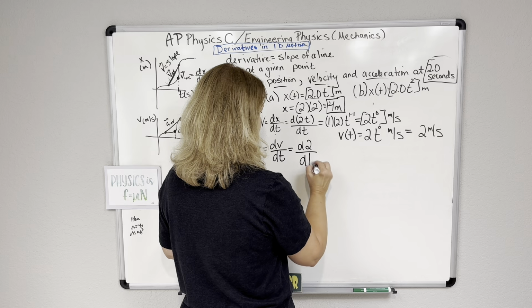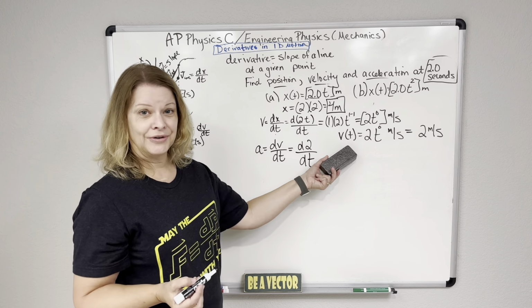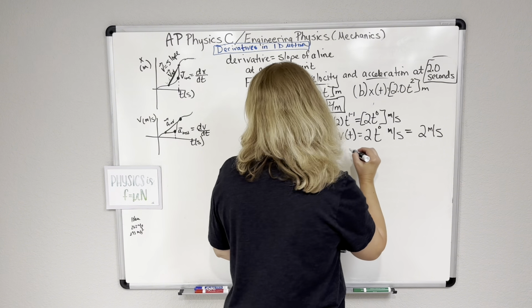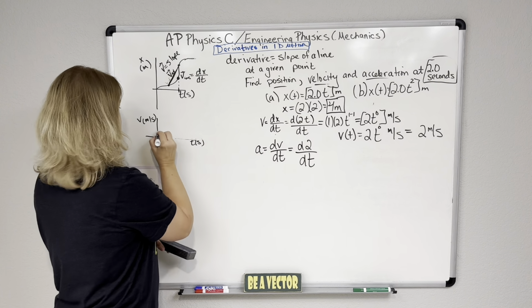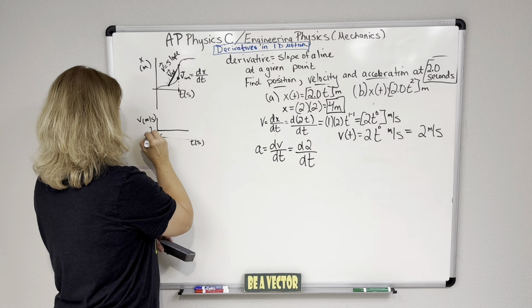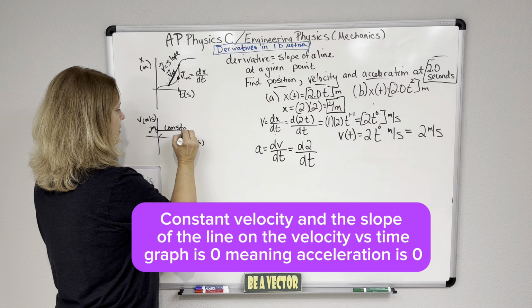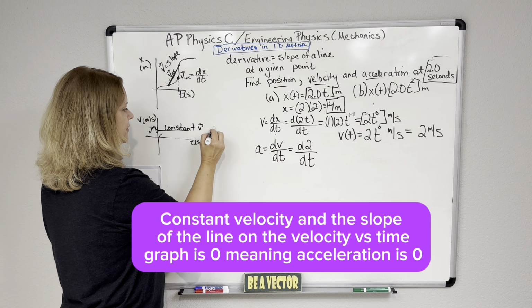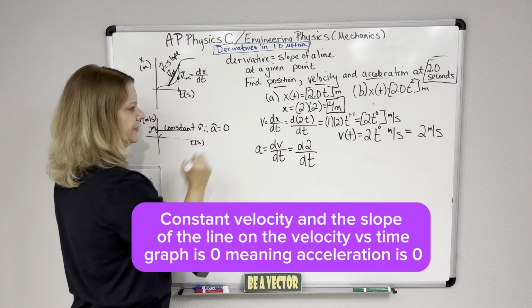With respect to time. Okay, if I were looking at that on a graph, my velocity time, I put it over here. If my velocity time is just 2 meters per second, we know this. That's constant velocity. And constant velocity means that acceleration is equal to 0.